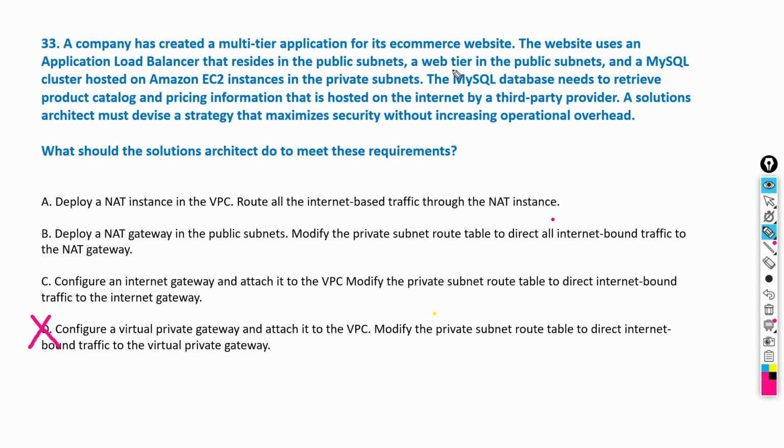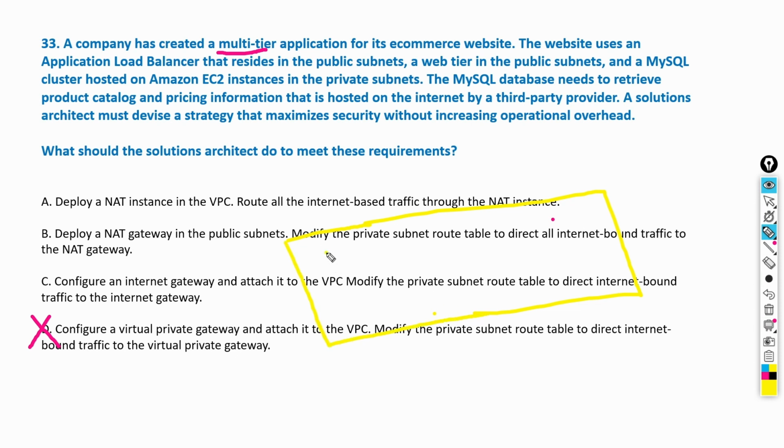So here it is clearly said this is a multi-tier website that uses the application load balancer that resides in a public subnet. So let me draw one simple three-tier architecture.